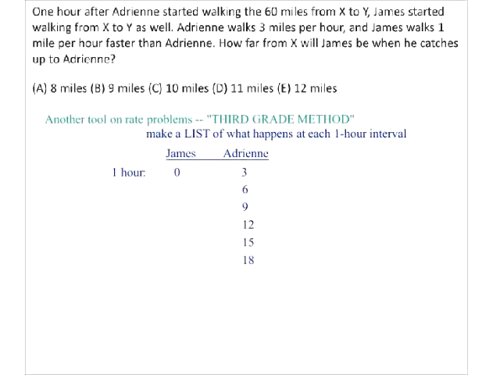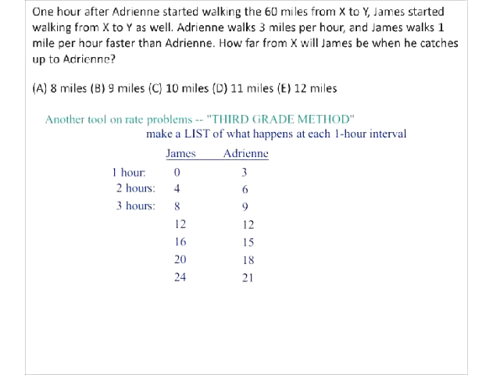So her distances look like that, and he walks 4 miles every hour. So his distances look like this. And this is our hour intervals. So the question is, these are distances from the starting point. So what we're looking for is where they catch up.